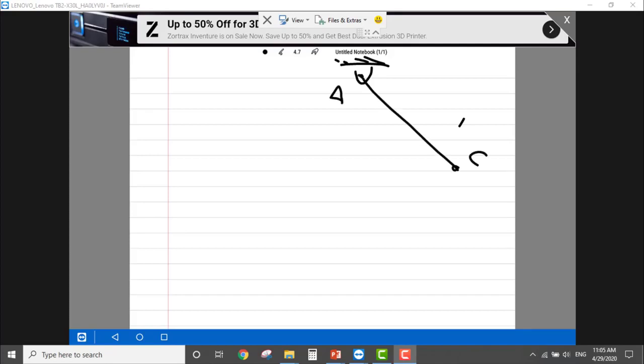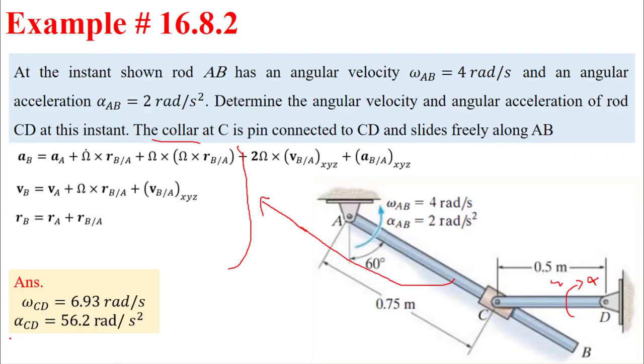And there is a very important notice I mentioned last time: the selection of the coordinate system must be done before starting. Usually we select the primary and the secondary coordinate systems to be coincident on each other, and they flow with the rod. So we pick the coordinate system which starts from a fixed point.